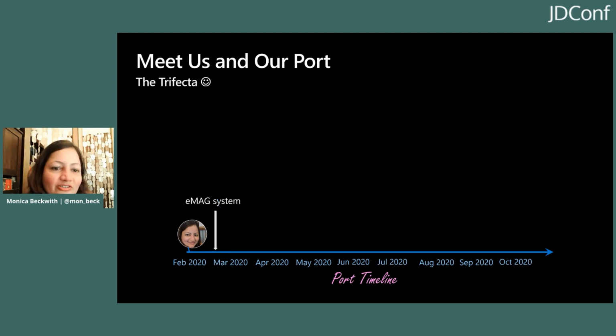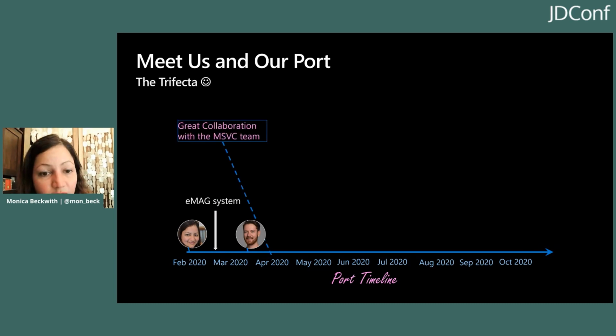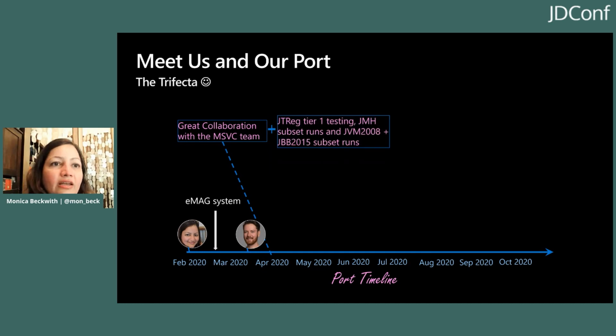By March, I also had Ludovic join the team, and Ludovic helped a great bit with the CI, working with the infra team. Also, by that time, we started collaborating with the MSVC team, trying to understand how we can utilize intrinsics, etc. And of course, I mentioned the CI, and we started working with JDReg, which is the test harness.